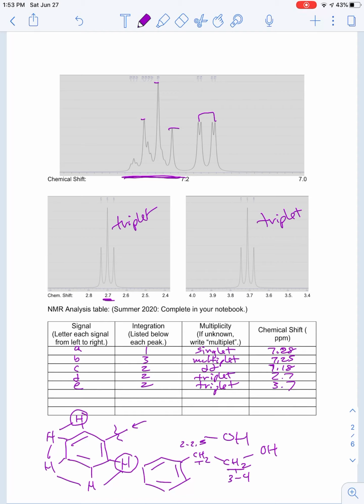So those two are going to be the C, and then B are the remaining 3. A is the OH, and then D at 2.7, and E at 3.7.